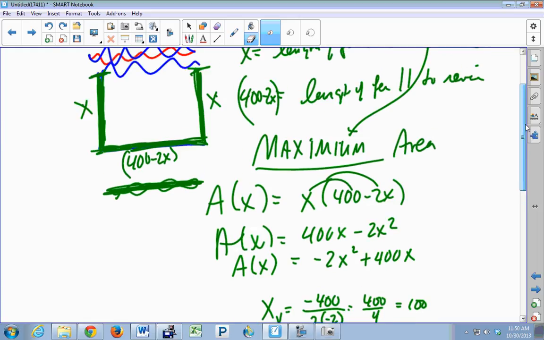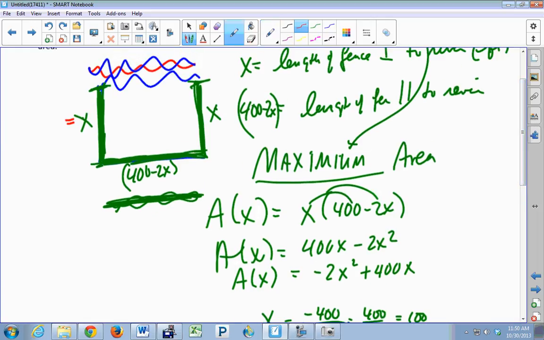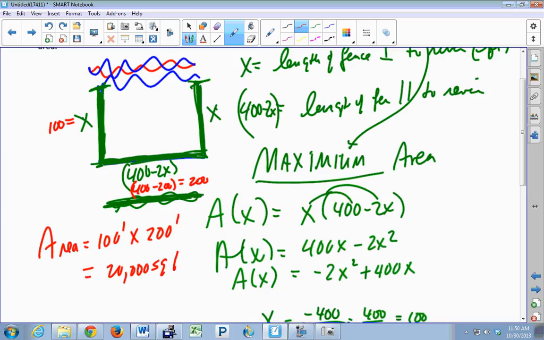It's much quicker. If x is 100, then I have 400 minus 200, which is 200. So my area is 100 feet times 200 feet, which is 20,000 square feet. So that's my maximum area.